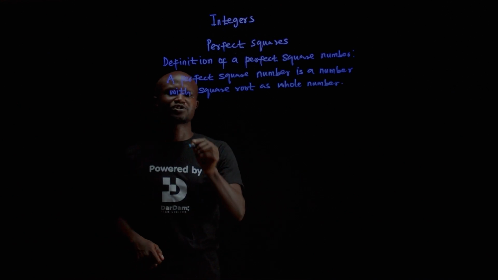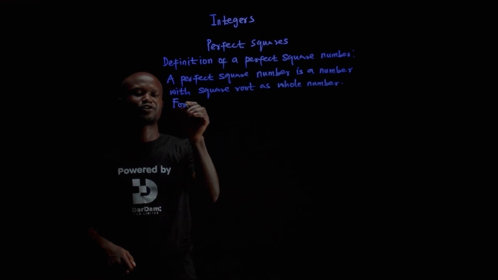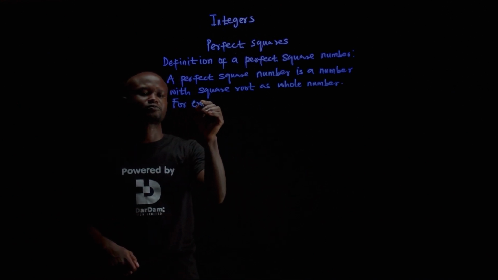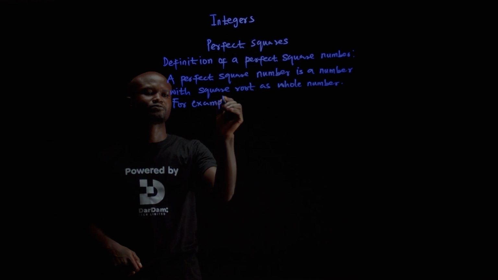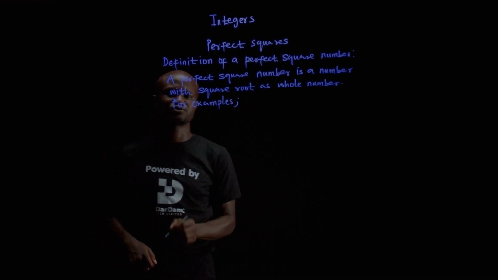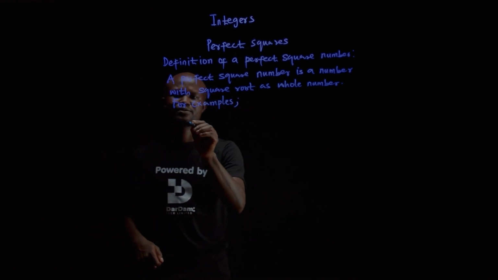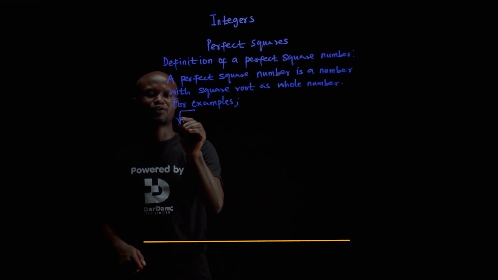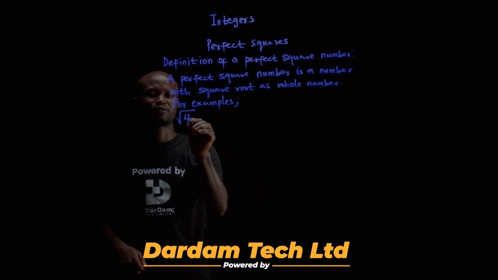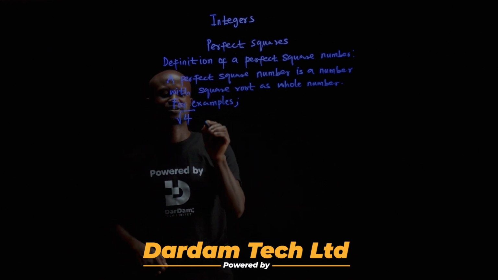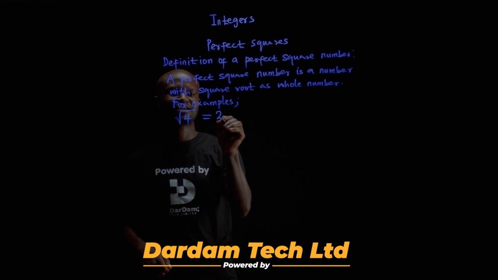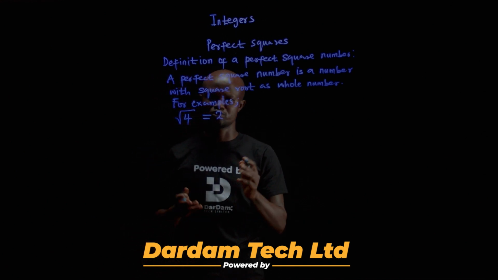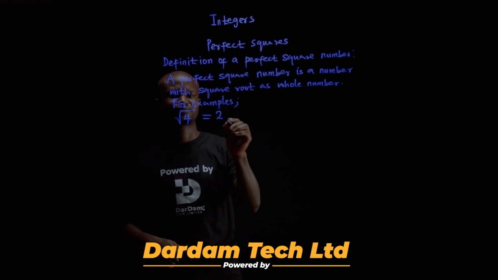Now, for example, if you look at the square root of 4, what does it give us? The answer is 2. The square root of 4 equals 2.